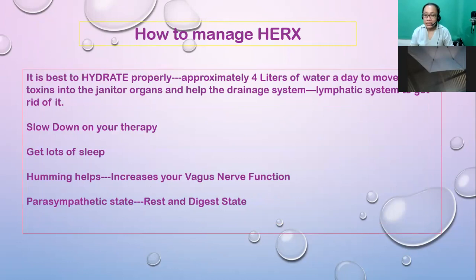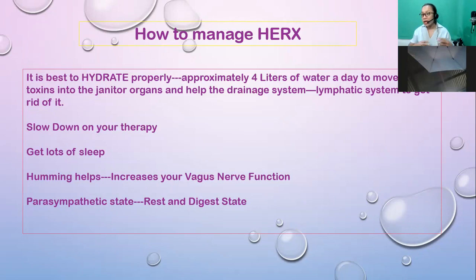Number one, hydration. It is best to hydrate properly while taking EquiCell products because water is a macromolecule. It is needed in large amounts. If before it was 8 to 10 glasses, now we need a minimum of 4 liters a day.